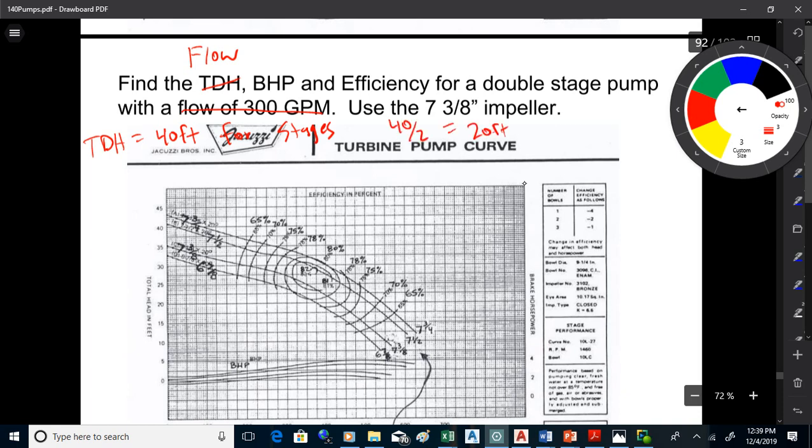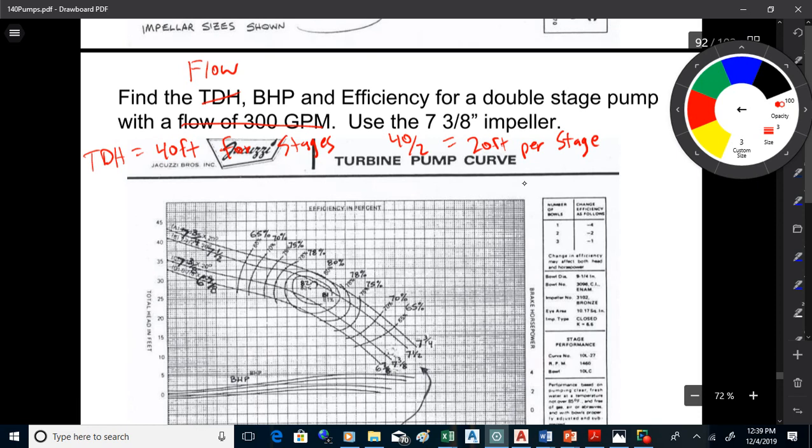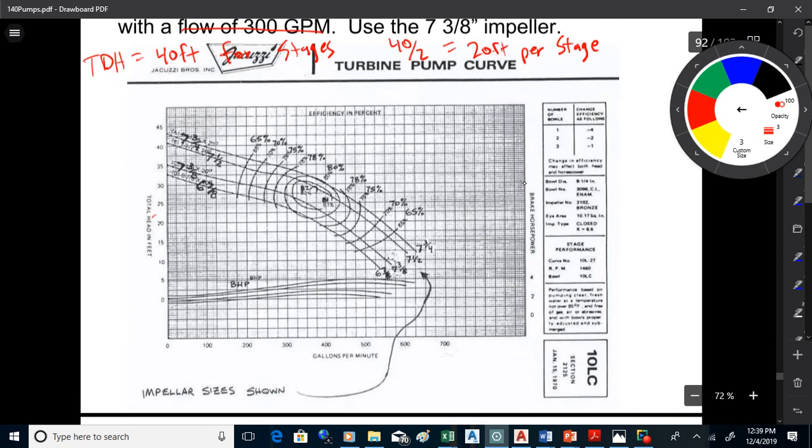That's 20 feet per stage, and that's what this pump curve is set up for, to tell you what one bowl, one volute, one stage, whatever you want to call it, will do. So you don't want to go in on 40, you want to go in on 20.